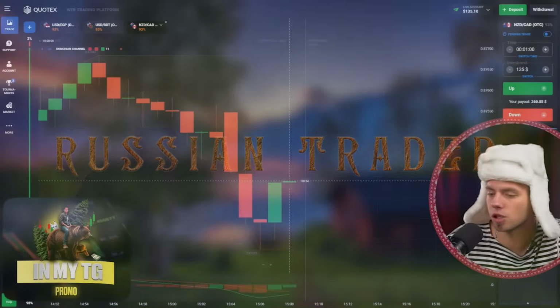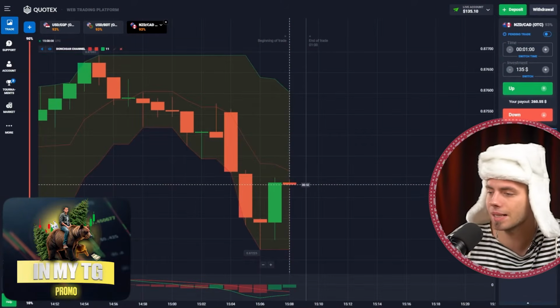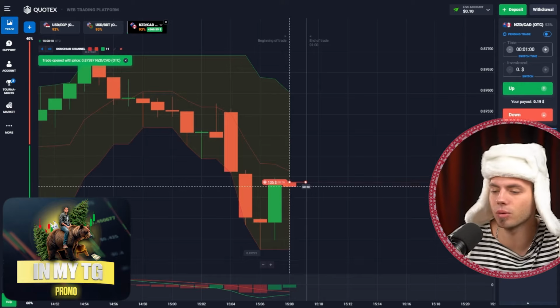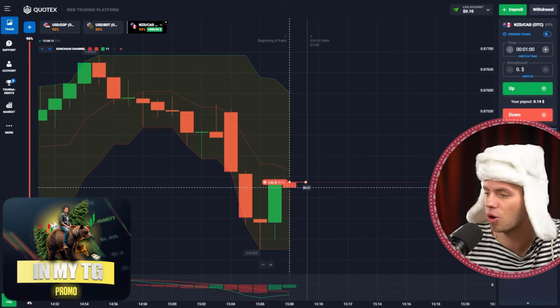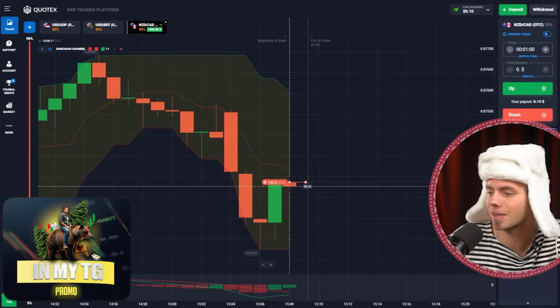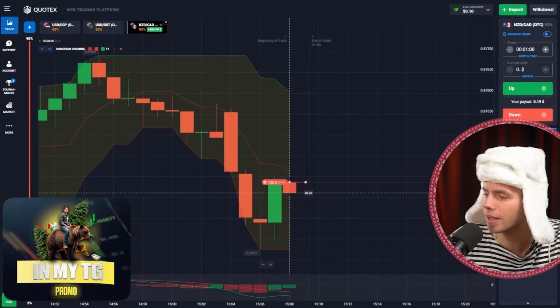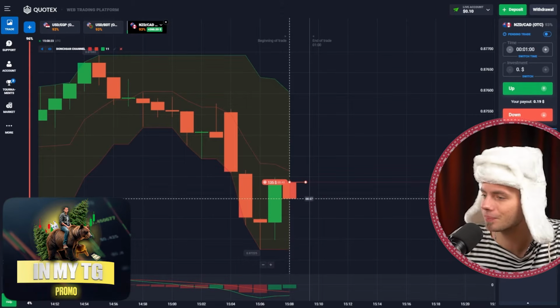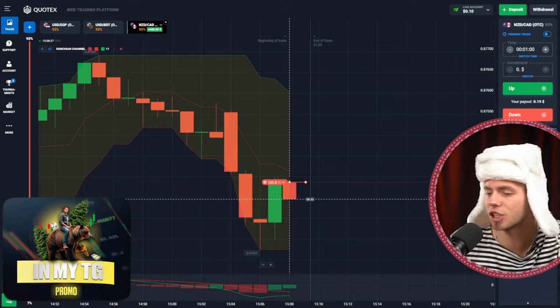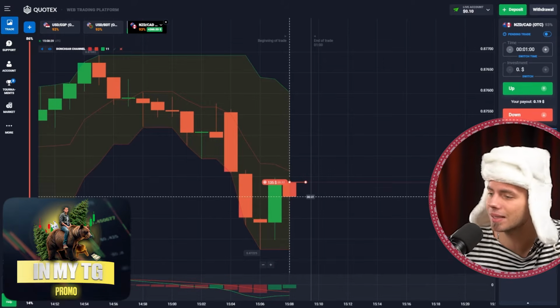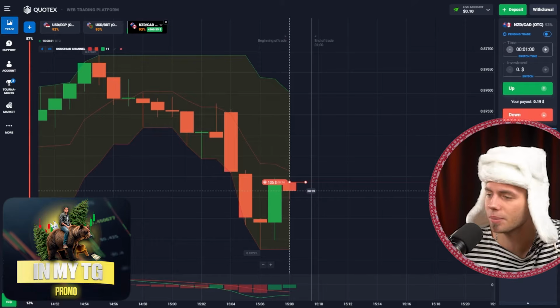Open a sell trade. So according to the MACD indicator right now, we are in a downtrend over here at the moment, and therefore we consider mainly short trades right now. We also failed to break through the middle line of the channel.